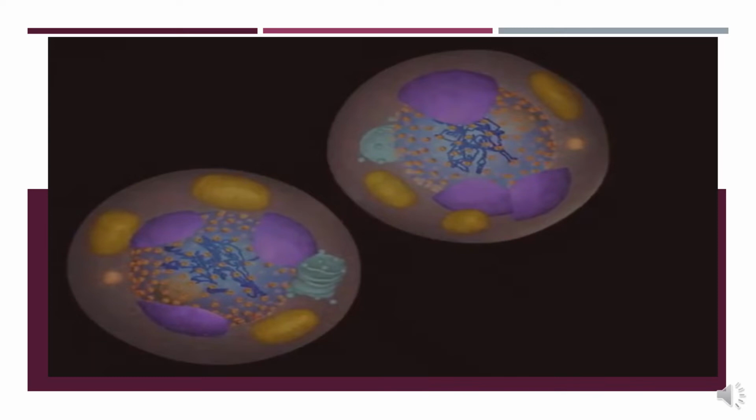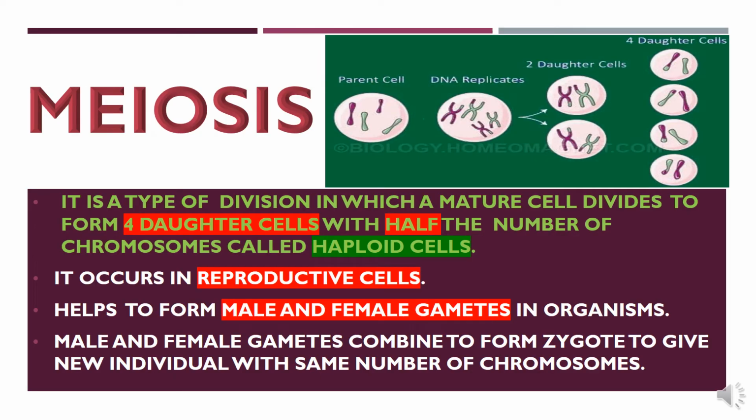This kind of division in which two similar daughter cells are formed having the same number of chromosomes is called mitosis. Next, the second type of cell division, which is called meiosis, is taking place in the cells which are responsible for reproduction, and mainly sexual reproduction.